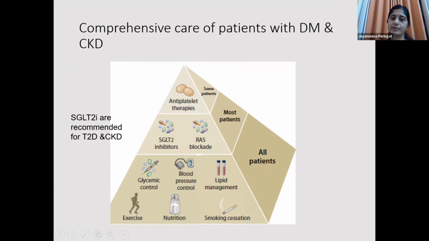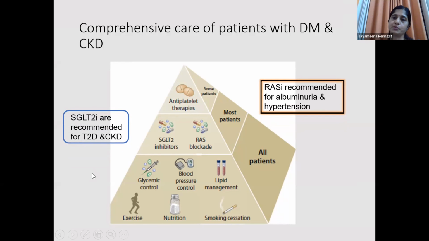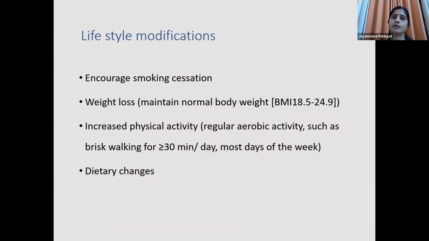But lifestyle modification should be applied to everyone. SGLT2 inhibitors are being recommended in diabetics with CKD, and RAS inhibition should be recommended for all with albuminuria and hypertension.